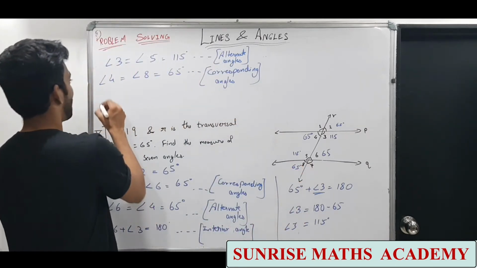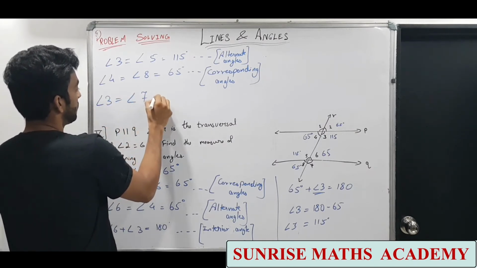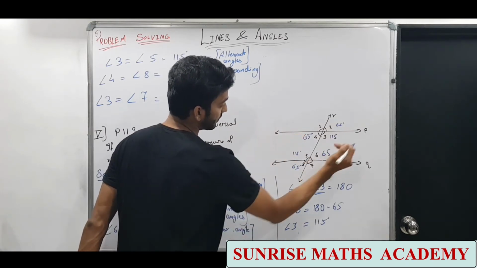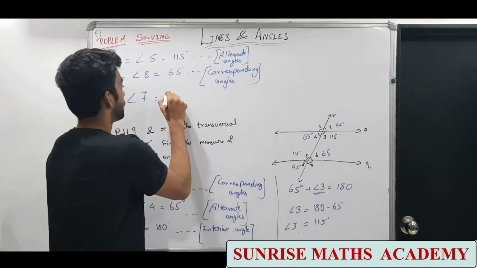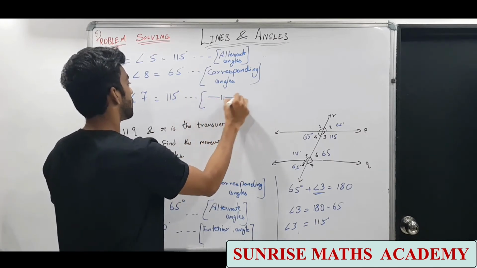Then angle 3 = angle 7. जैसे angle 4 = 8 है, 3 = 7 है, that is 115 degree. Same reason, corresponding angles.